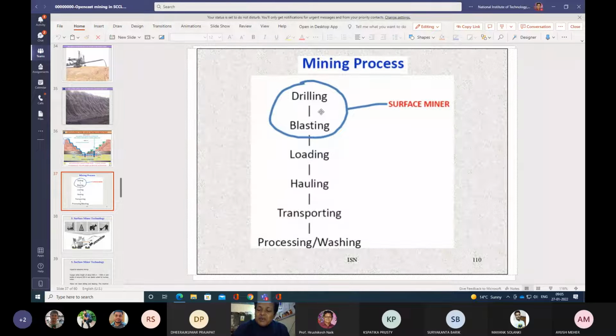But this surface miner cannot be used in every mine. Of course, it can be used for coal mining. In India, throughout the world, it is used for coal mining.